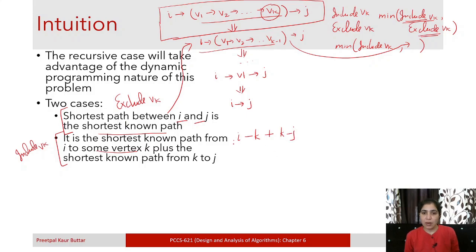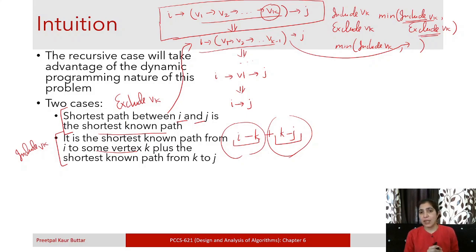Okay, so because this k is the intermediate node, you are taking it as the intermediate node. So there must be a path from I to k and there must be a path from k to j. So it means there are two subproblems and the solutions to these subproblems are already known. Okay, so we already know the shortest path from I to k, we already know the shortest path from k to j. So we will just copy their solution and then add up.